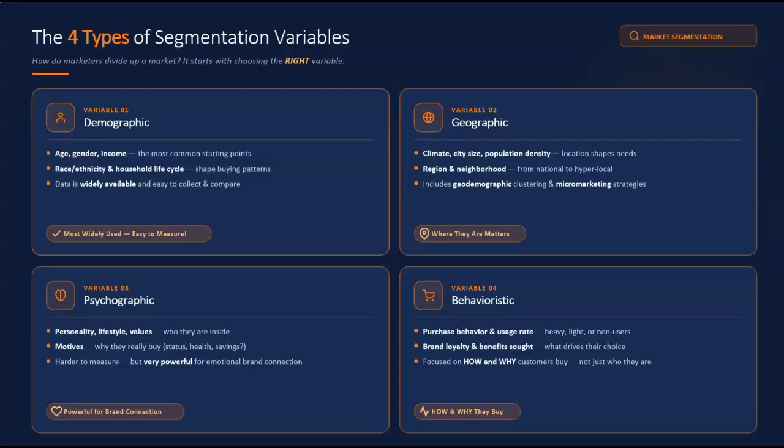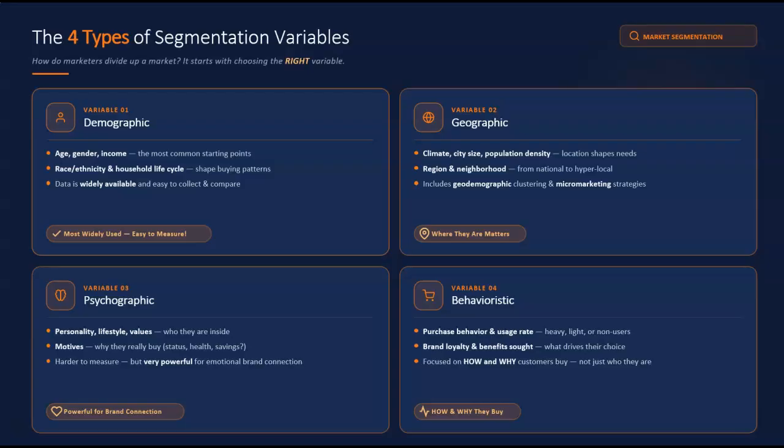Psychographic segmentation is through personality, lifestyle, and values, who they are inside, and motives or motivations, why they really buy. Do they buy it because they want to stay healthy? Do they want to save money? Or do they want to show their status in society? This one is harder to measure, but very powerful for emotional brand connection.